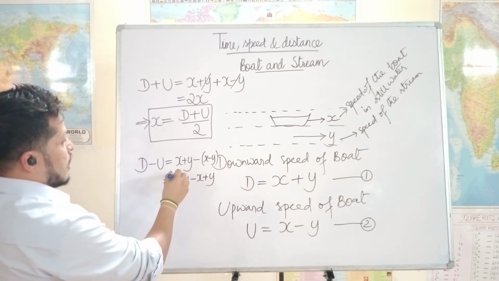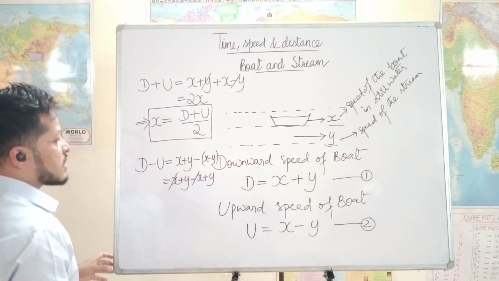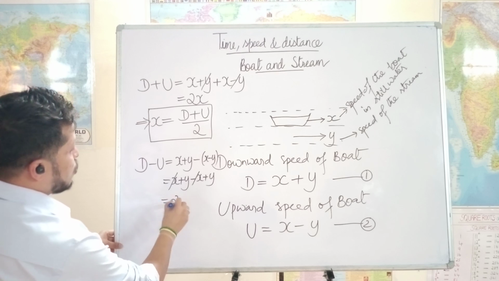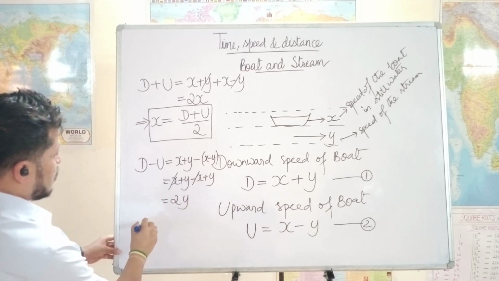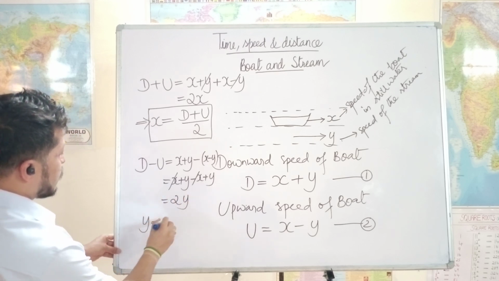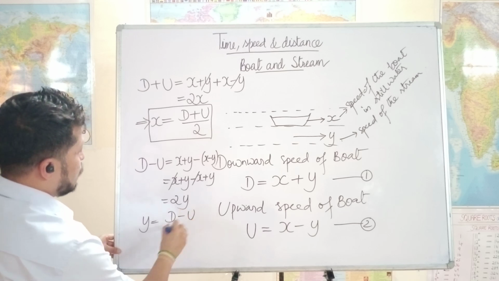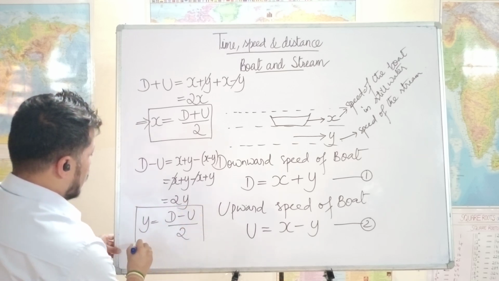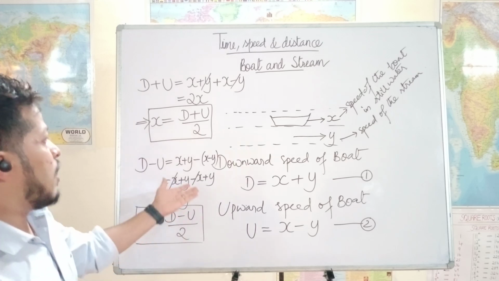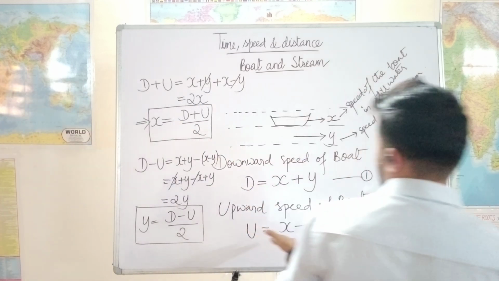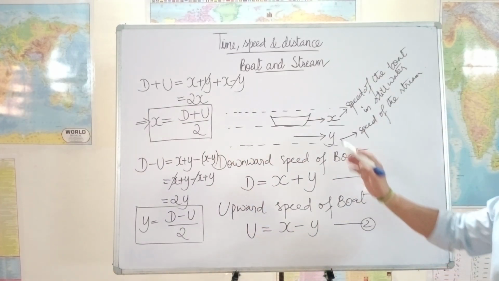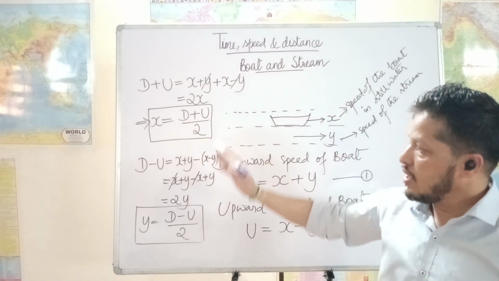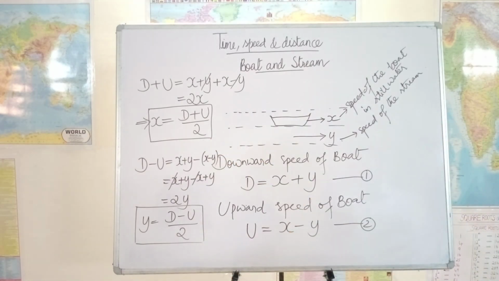So here x and minus x gets cancelled and we will get 2y. That means y is equal to d minus u by 2. So now if we know upward speed of boat and downward speed of boat, we can find both speed of the boat in still water as well as speed of the stream. Alright?